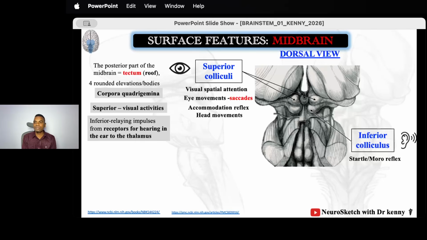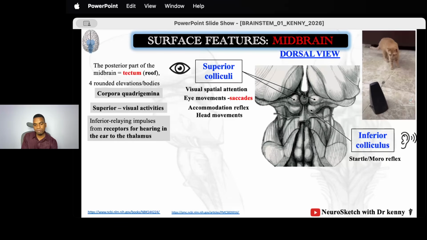So, for example, when you hear a very loud sound, for example, gunfire, that kind of reaction that you're getting is called the startle reflex. But also, when you have the sudden change in the body balance, that kind of reaction is also called the startle reflex, which is also called the Moro reflex. I have an example. Number one, the response to very intense sensory stimulation.